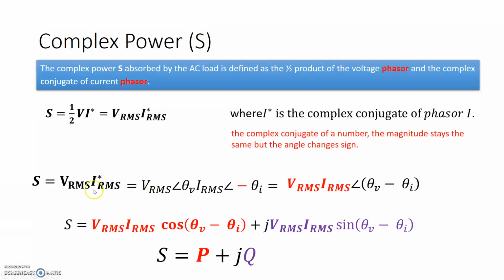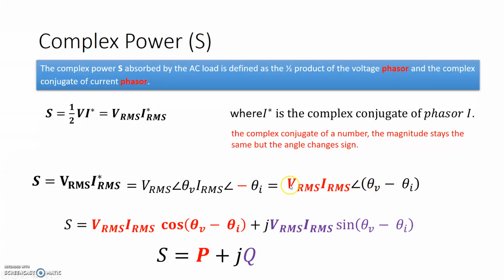So VRMS phasor has a magnitude called VRMS and an angle theta V. IRMS conjugate has a magnitude of IRMS, but the angle is negative theta I. So when two phasors multiply, the magnitudes simply multiply, so we have VRMS, IRMS. The angles add up, so we have theta V minus theta I as the angle of S.